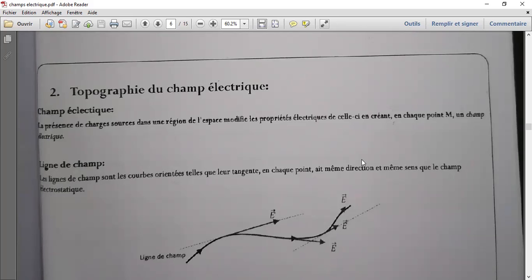So here, champ électrique, they say: la présence des charges sources dans une région de l'espace modifie les propriétés électriques de celle-ci en créant, en chaque point M, un champ électrique.